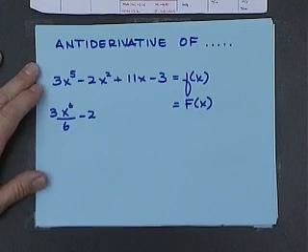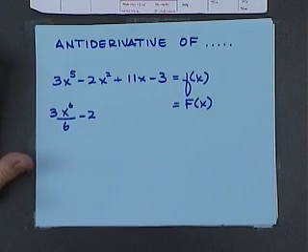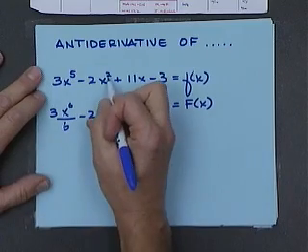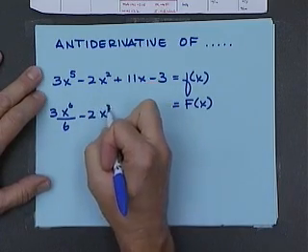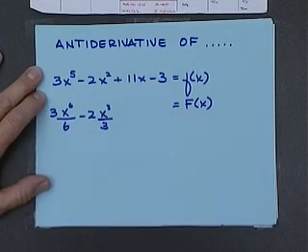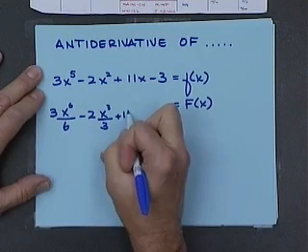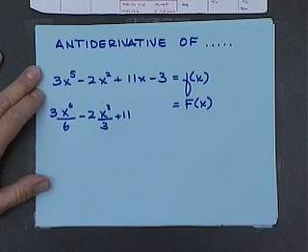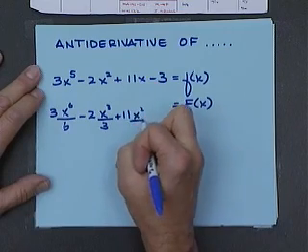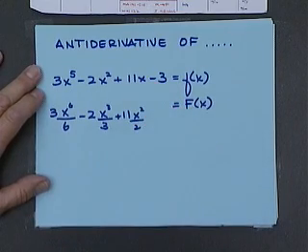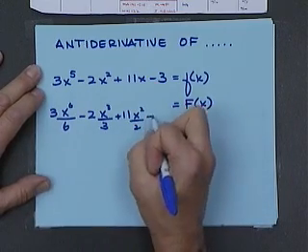Bring the minus 2 along, just the way we did in the derivative direction. The antiderivative of x squared is x to the 3rd over 3. Same rule. Bring the 11 along, x squared over 2. Minus 3x.